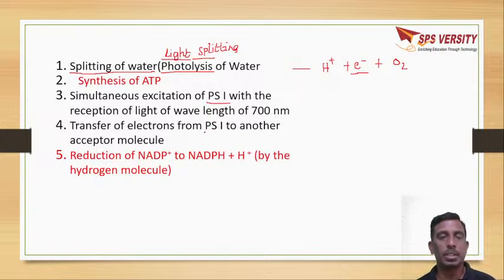PS1's electrons through electron carriers are accepted by NADP+, on which it is converted to NADPH. So इसमें non-cyclic electron transport में ATP और NADPH both synthesize होता है. उधर photolysis of water होता है और PS1, PS2 both will participate.